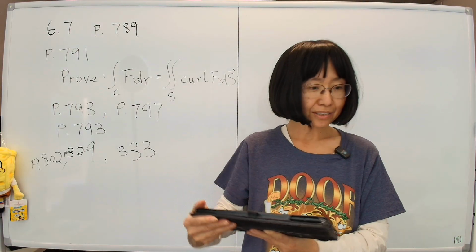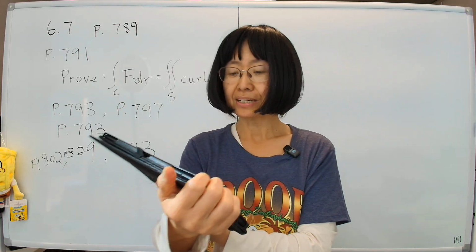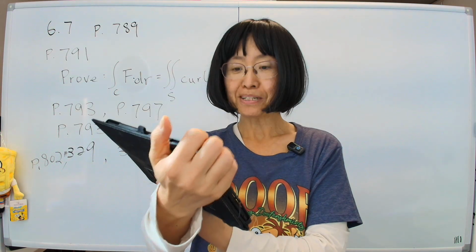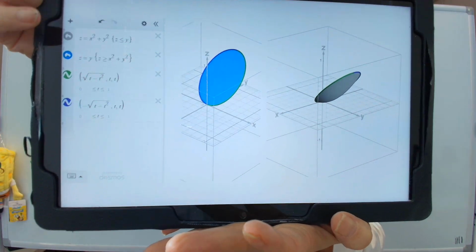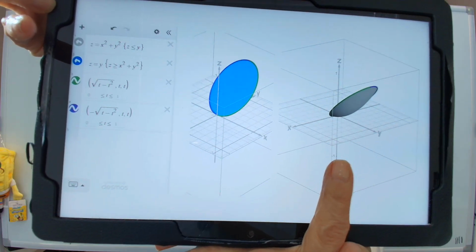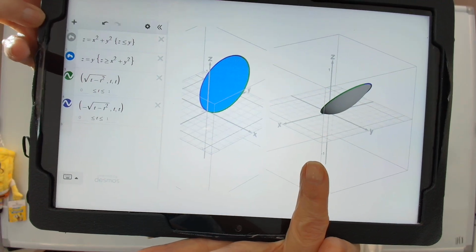Oh, I forgot to show you what problem 333 looks like. Because I did graph it, I want to show it to you. Take a look at the graphs. If you graph this thing, then you notice that z equals x squared plus y squared is the curved surface. It's not curved very much, so it's kind of hard to see, whereas z equals y is the flat surface.